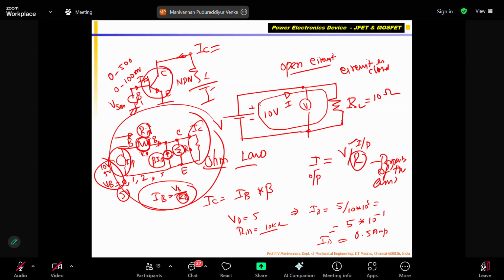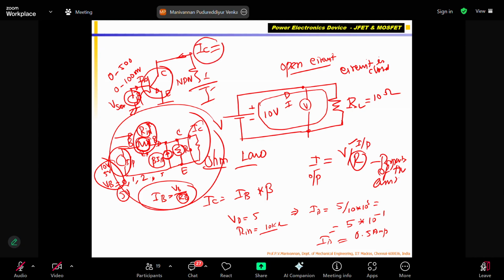But if I take some current from my sensor, as I already told, the loading effect comes into the picture, correct? And how will you reduce the loading effect? You need a transistor whose R in, or base internal resistance, is very high. But if you increase the internal resistance, the amount of current going in drops, so you need to raise the transistor gain beta.